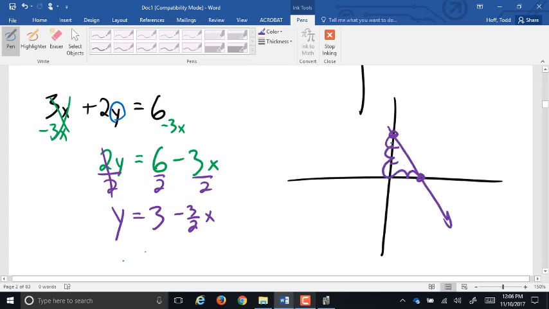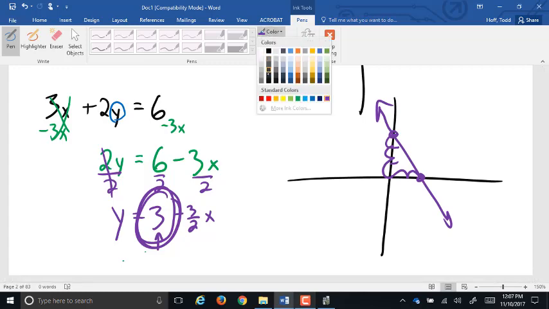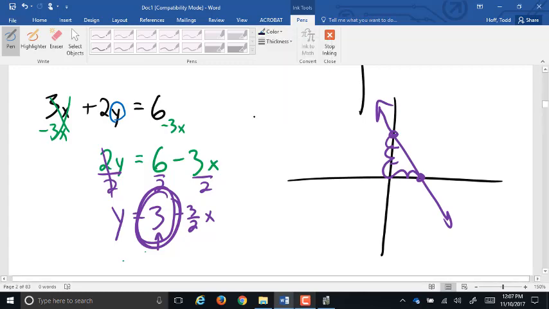There we go. This is still a positive. That's where we start at. A lot of little details.